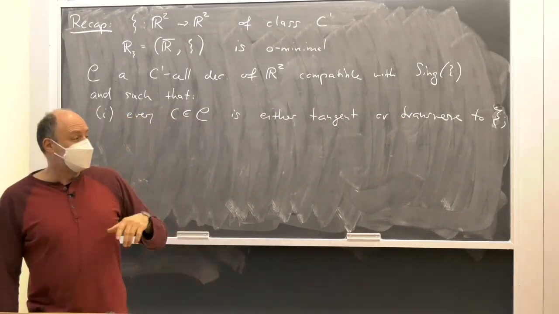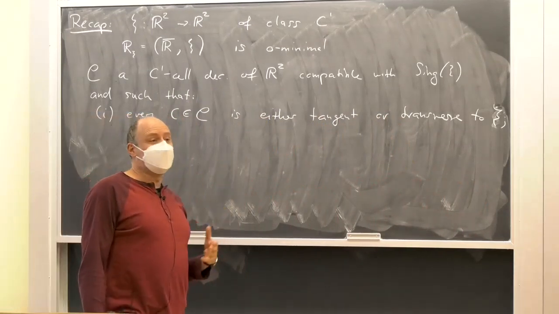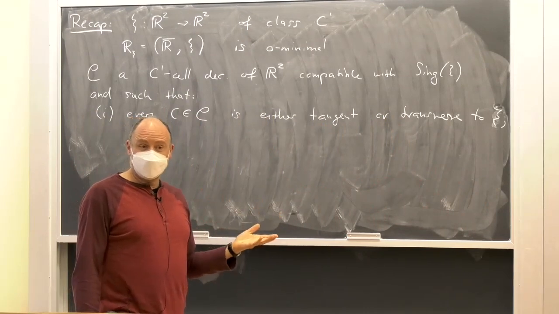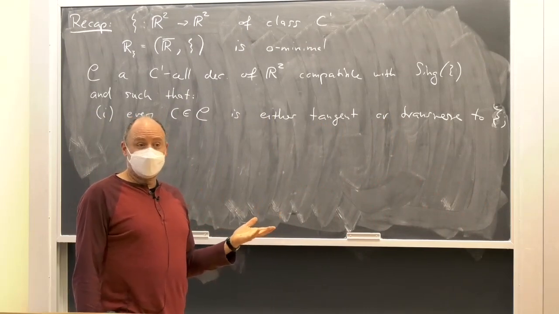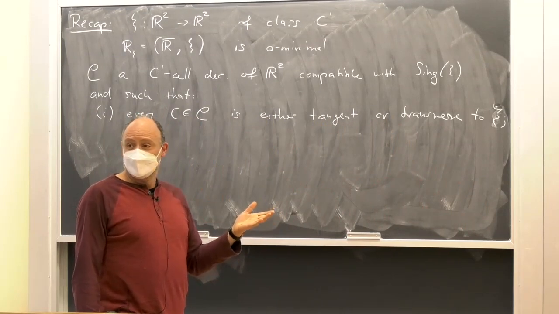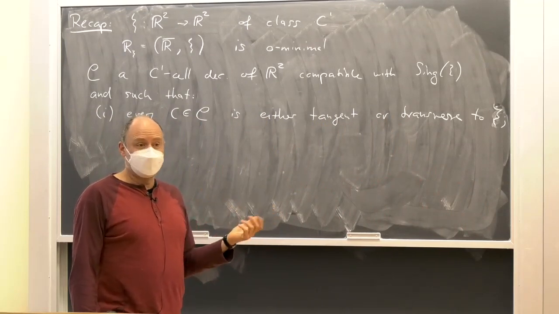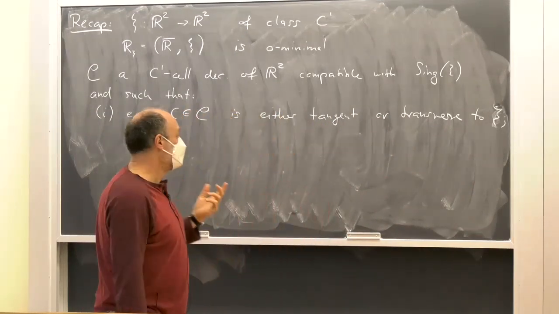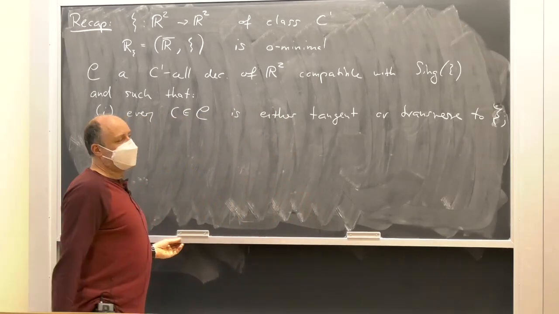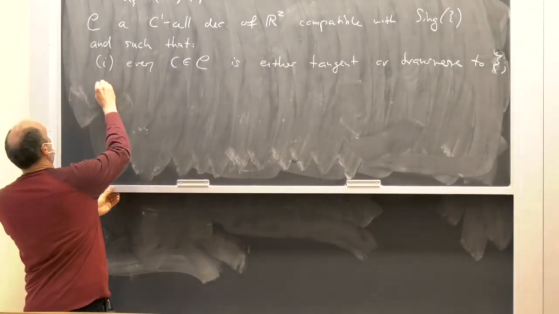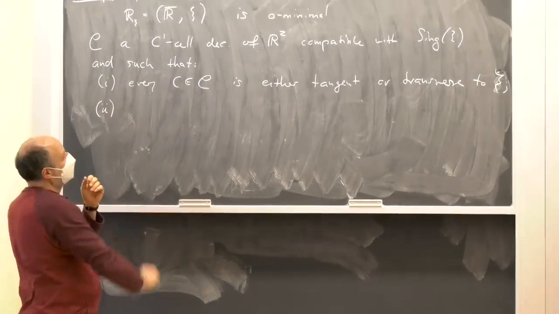It's not true that the leaves of a C1 vector field on any surface are always embedded. You can have a non-singular vector field on the torus, which has dense leaves. Okay, it's not very hard to construct. So those are not embedded. But that kind of thing can't happen in the plane. Anyway, let's get back to what else we did.